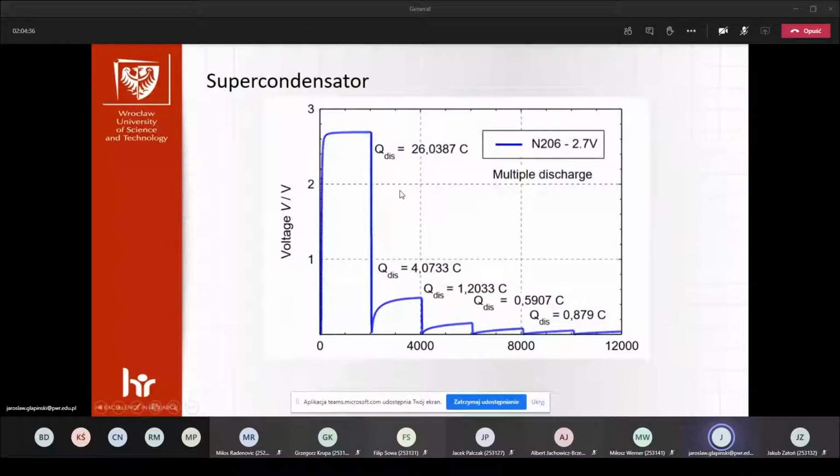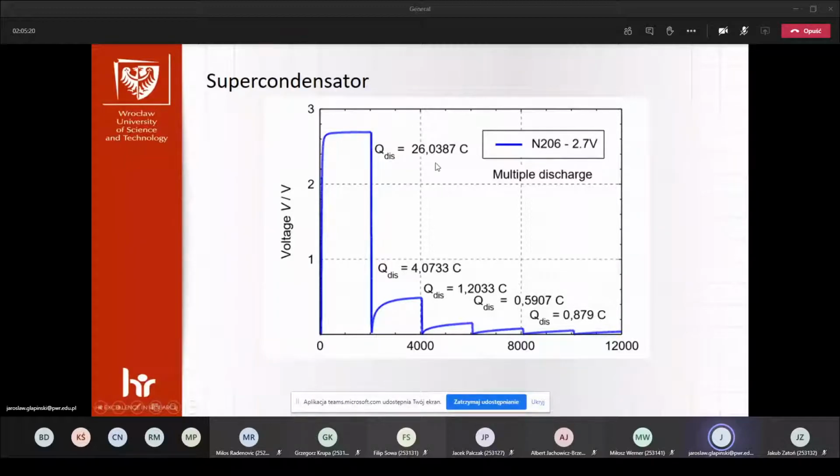So in general, we have such a situation that when we discharge the supercapacitor, this is the voltage on the capacitor. We discharge it for a moment and the voltage drops to zero as in a typical capacitor. But if we stop the discharging, the ions from the electrolyte go back to the plates of the capacitor, so we've got the energy in this plate, and we can use it. So we can use the current, and again.